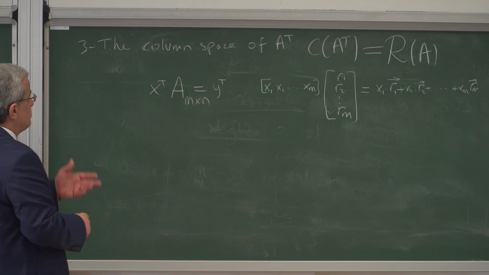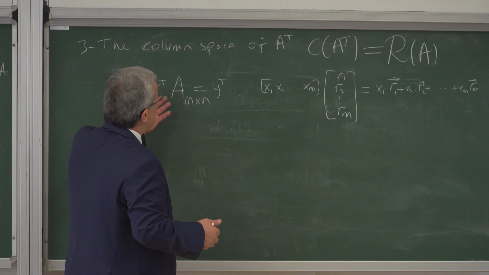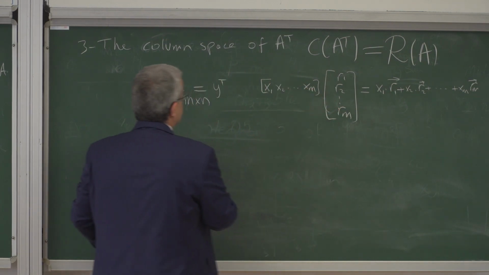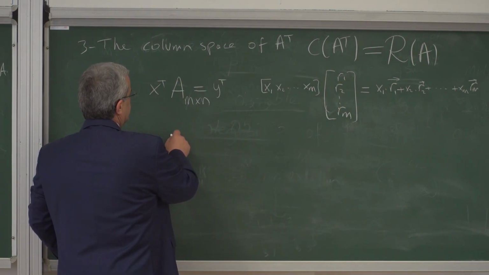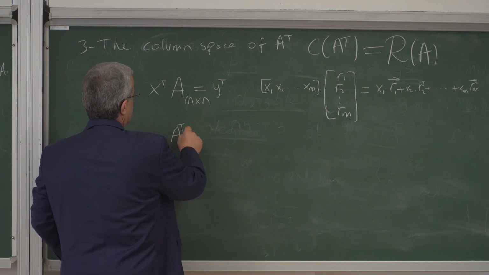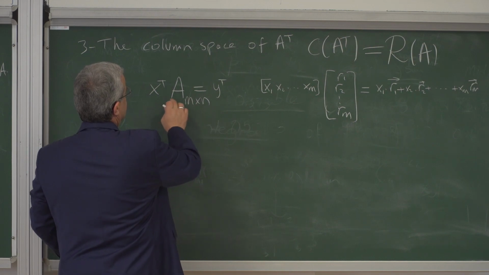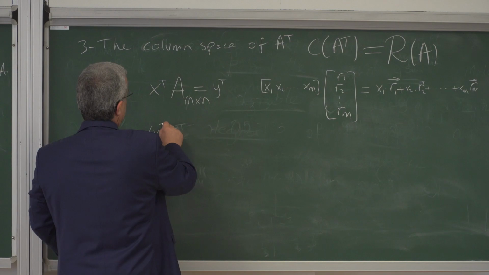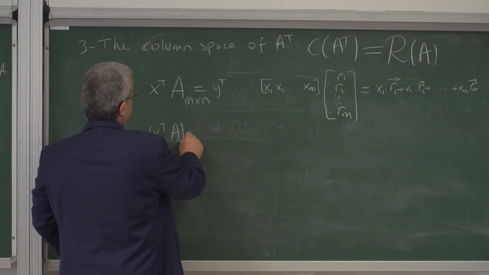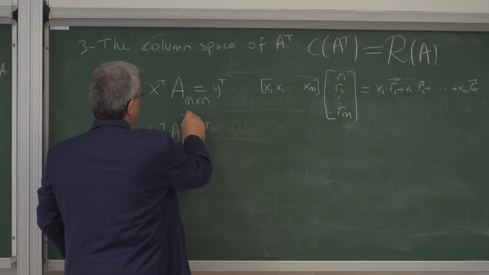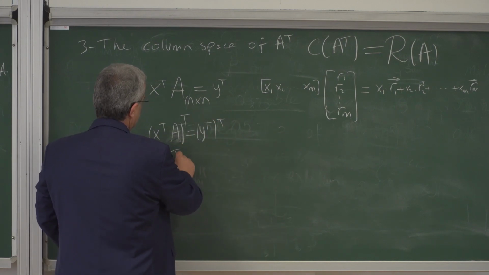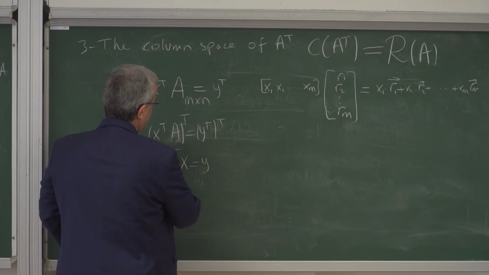So in order not to work with row vectors, we could as well talk about A transpose. So if you take the transpose of x transpose A equals y transpose, what do you get? A transpose x is equal to y.